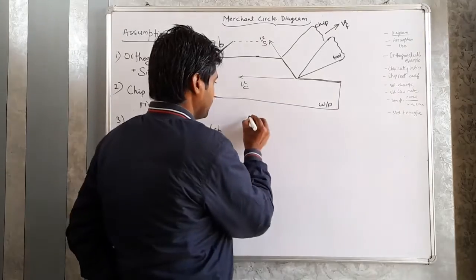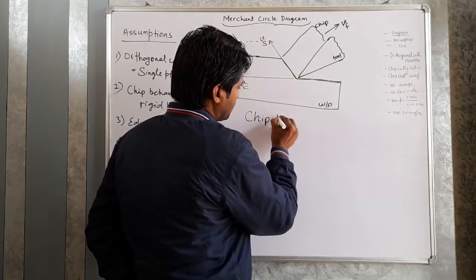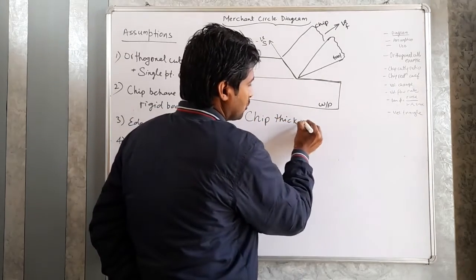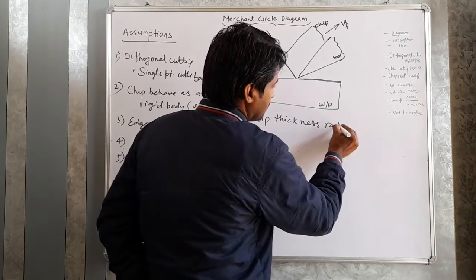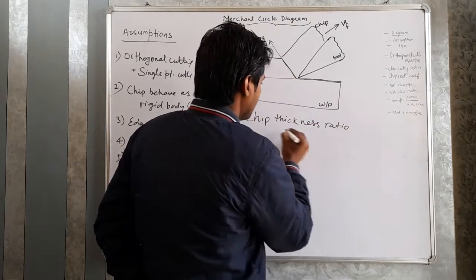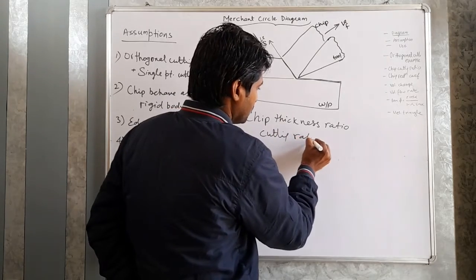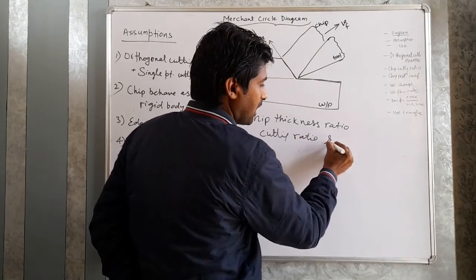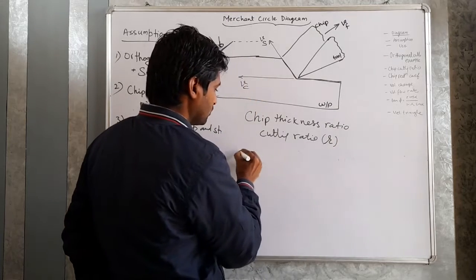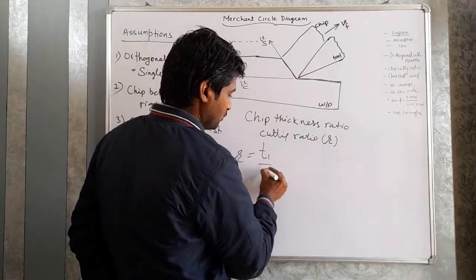Chip thickness ratio, also called cutting ratio, is generally represented by r. So r equals t1 by t2.